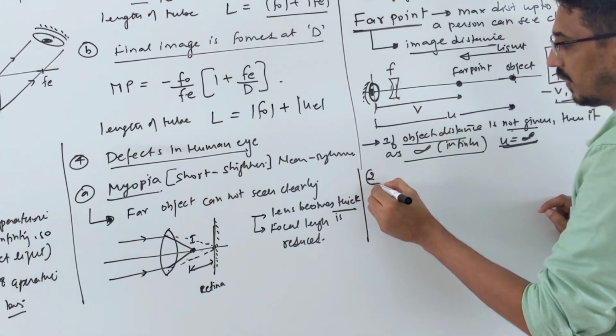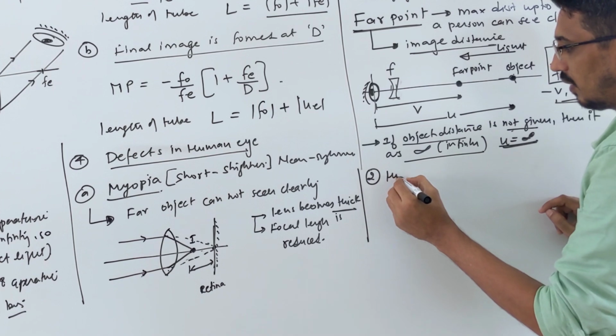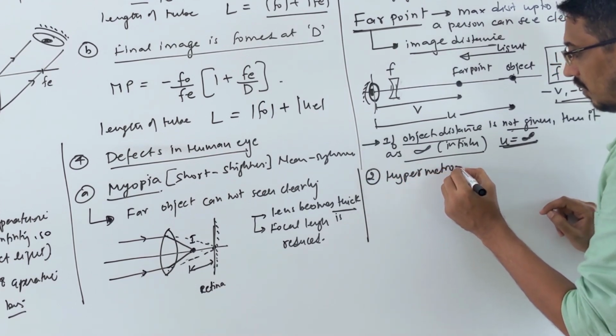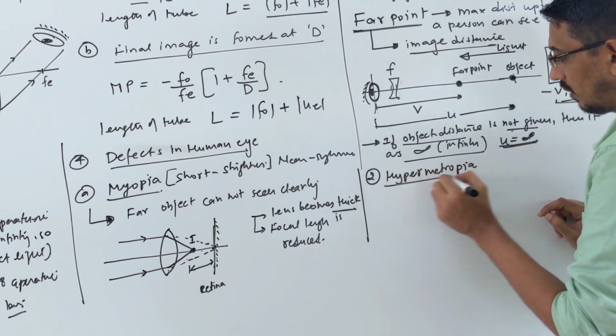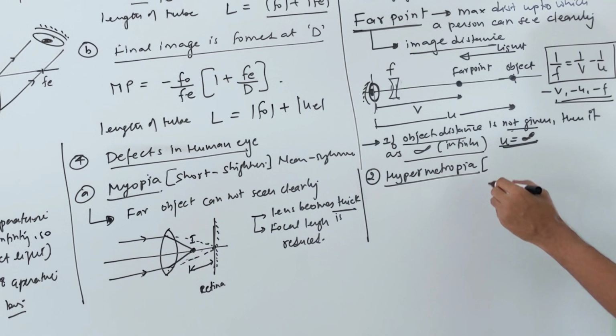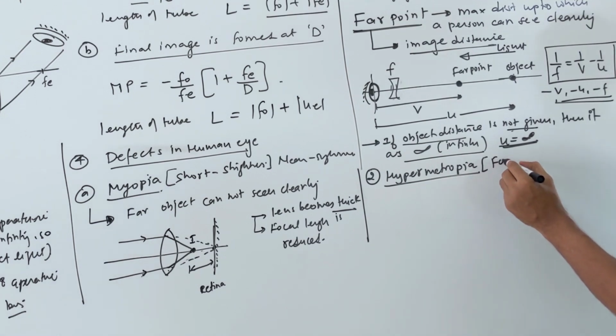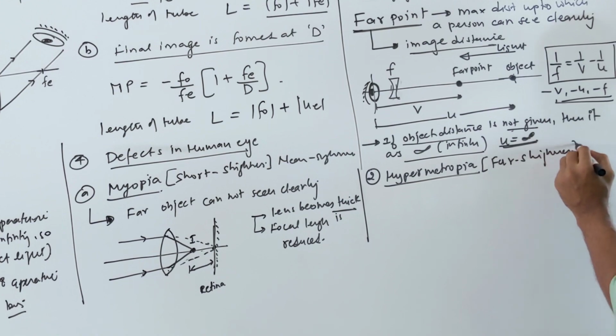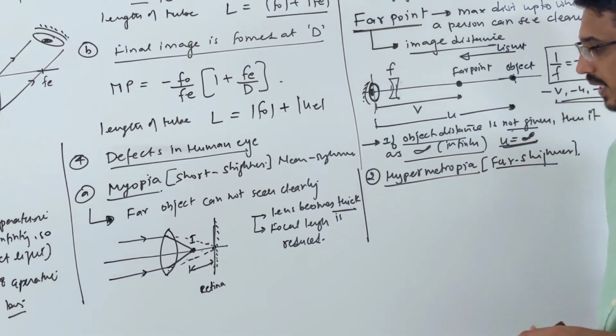Let's talk about the second defect. It is called hypermetropia, right? This is called farsightedness, correct. So in this case, what happens?